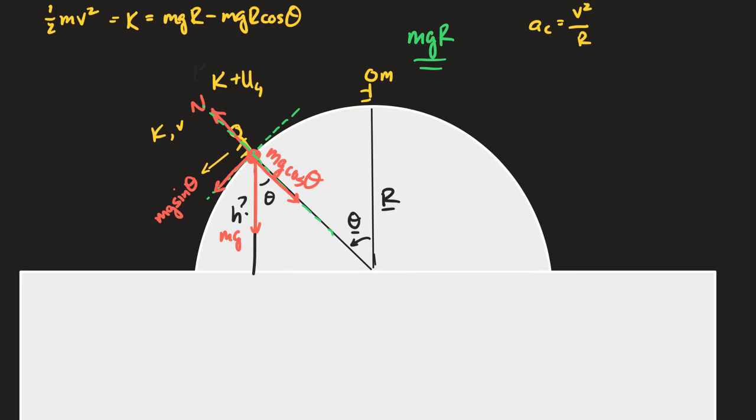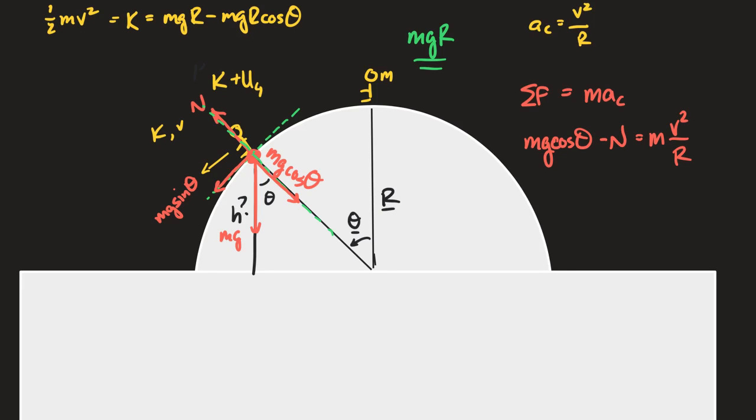But at the same moment, there has to be an unbalanced force towards the center to cause the object to be in centripetal motion. That doesn't change. If I make towards the center positive, then that's mg cosine theta minus normal equals m v squared over r.